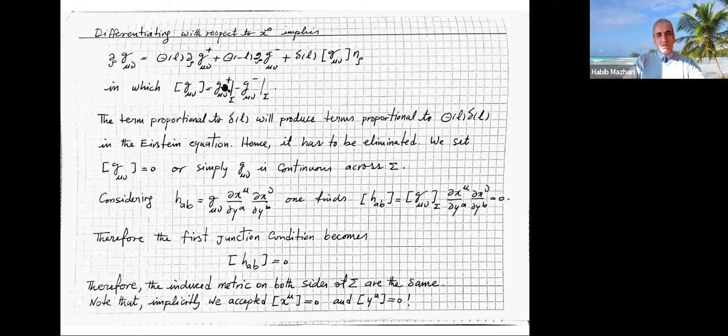Therefore, [h_ab] should be 0. h_ab is also called the first fundamental form, or the induced metric tensor on the hypersurface. So we found that in order to avoid δ(l) and θ(l) in further calculation, h_ab should be continuous. This is called the first junction condition, and we will keep it in mind. I also emphasize again that I consider y^a and x^μ, the local and canonical coordinates, to be continuous together with n.